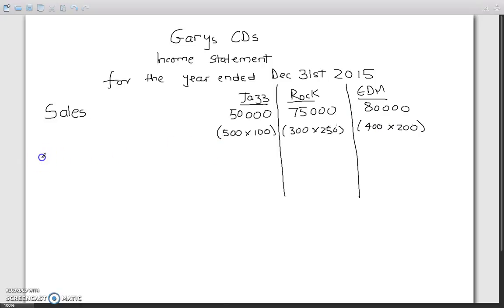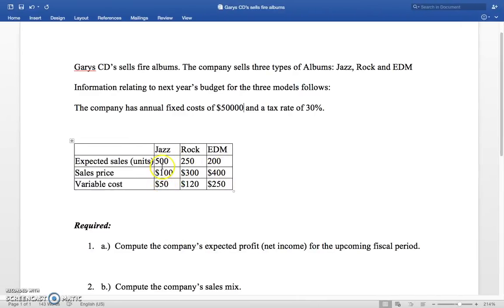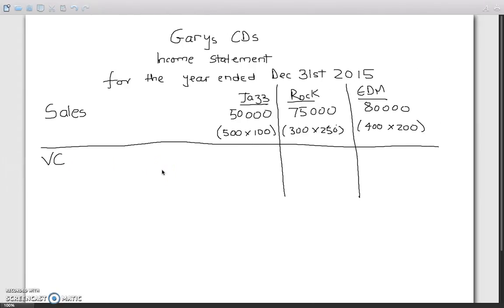All right, so now you want to find the total variable costs. I'm just going to draw a line here so that there's no confusion. So onto the variable cost. It's 50 times 500, which is 25,000.